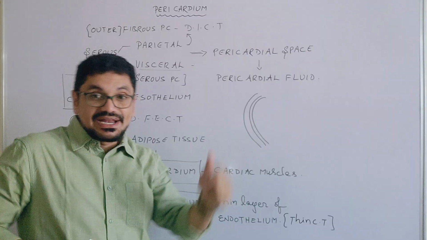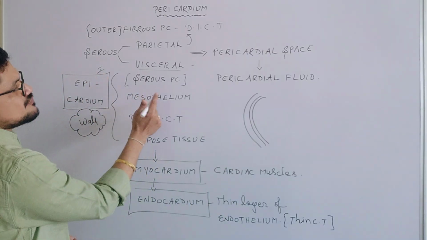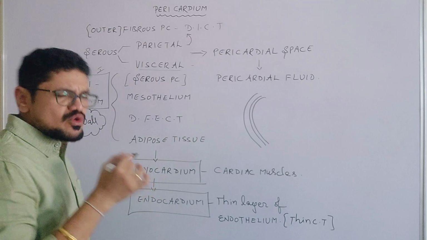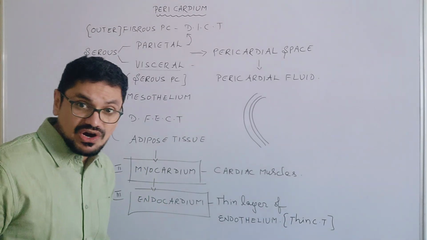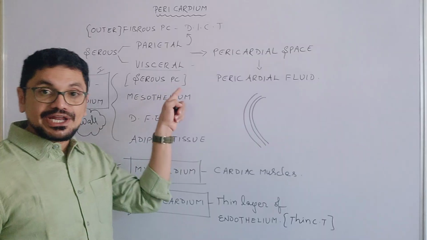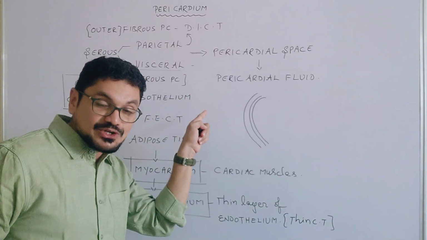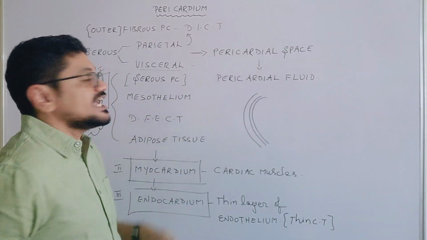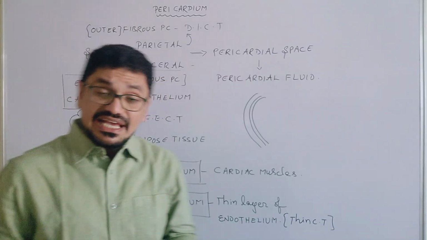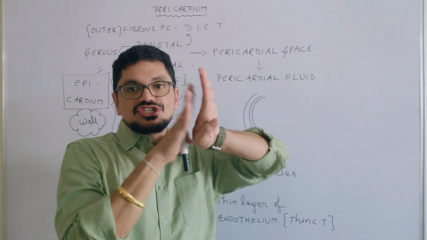Just now I mentioned the parietal layer is so close to the fibrous pericardium that we can't even differentiate. Whereas the visceral layer of the serous pericardium, as I told you, is closely adhered to the surface of the heart.